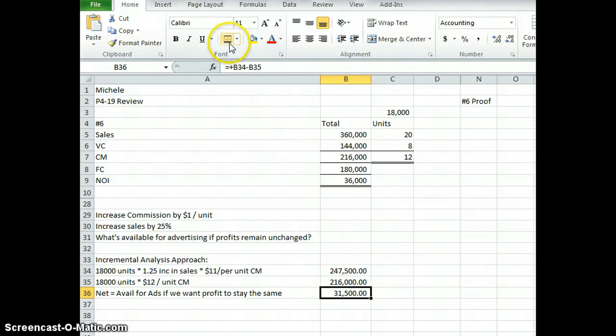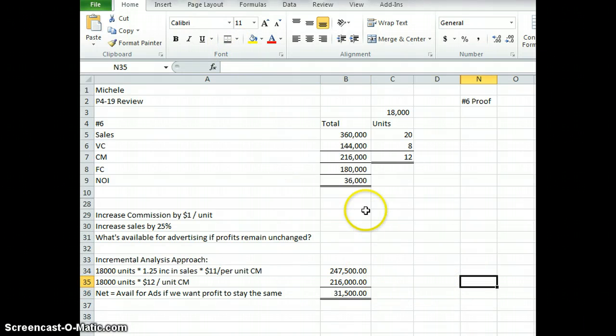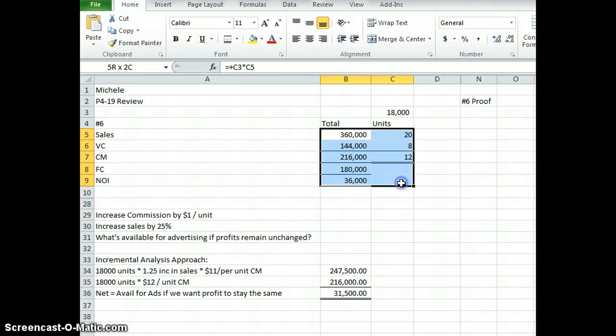Okay, if you want to prove it and you want to make sure we understand, this is where we're at today. So we have 18,000 units at a selling price of $20 per unit at a variable cost of $8 per unit and a fixed cost of $180,000. Again, that was the information that was given. Our sales revenue is based on 18,000 units times $20 per unit.